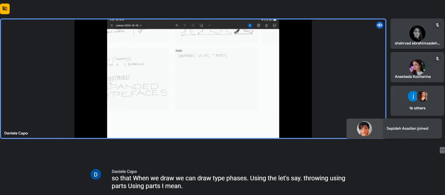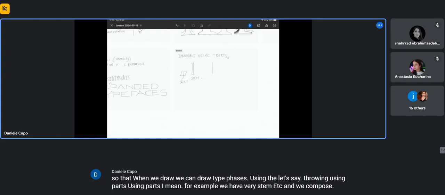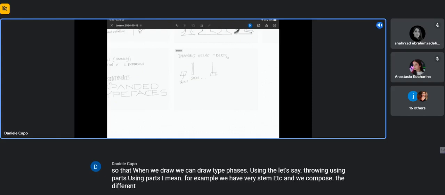Using parts, I mean, for example, we have serif, we have a stem, etc., and we compose the different letters by joining parts. Okay, this is more a work of construction.